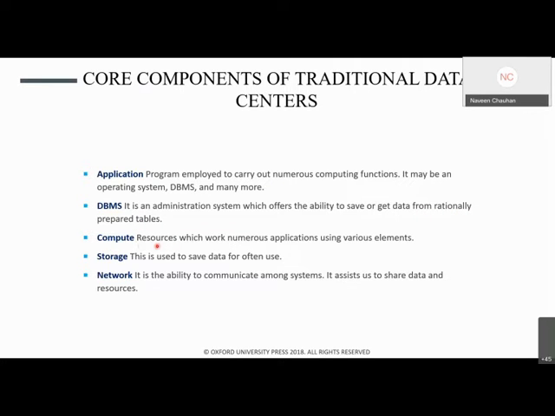Compute is computing resources which run numerous applications using various elements. Storage is used to save the data for frequent use. And network as a service is the ability to communicate among the systems. It assists us to share the data and the resources.